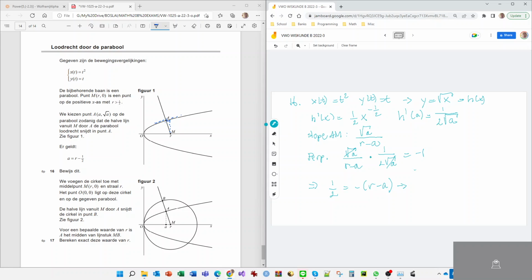This is my delta y. Here you just have to be a little bit careful. I want to take point A and point M, and I want to calculate ym minus ya divided by xm minus xa, and I think I flipped these here.